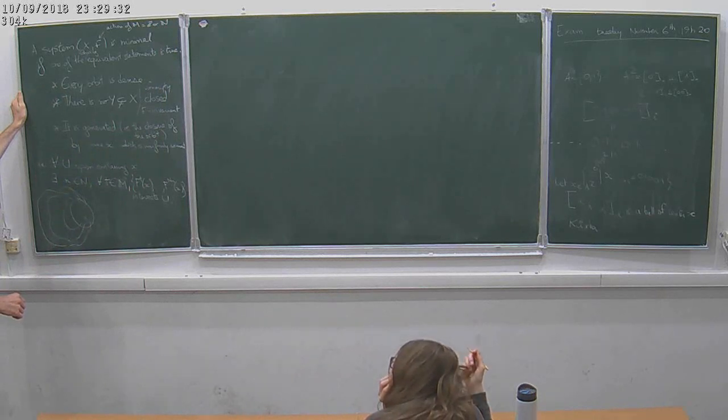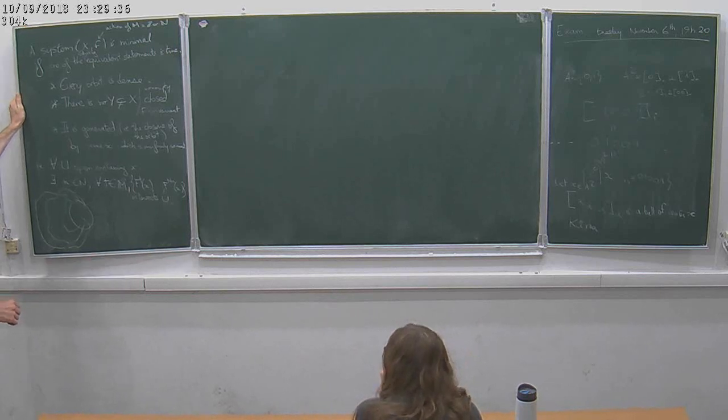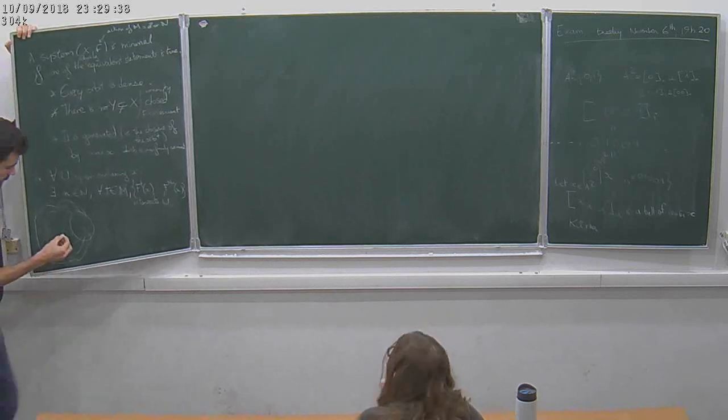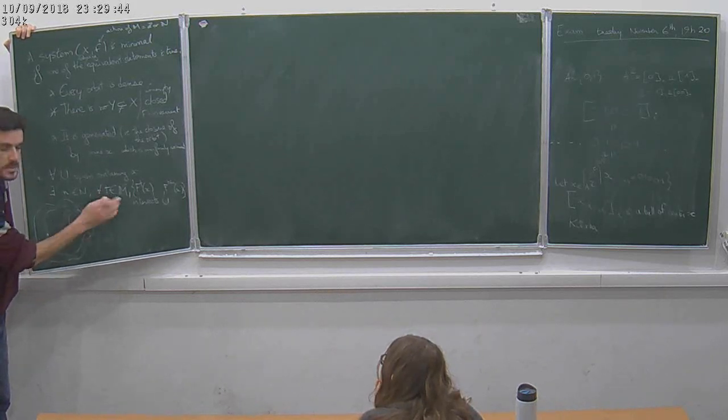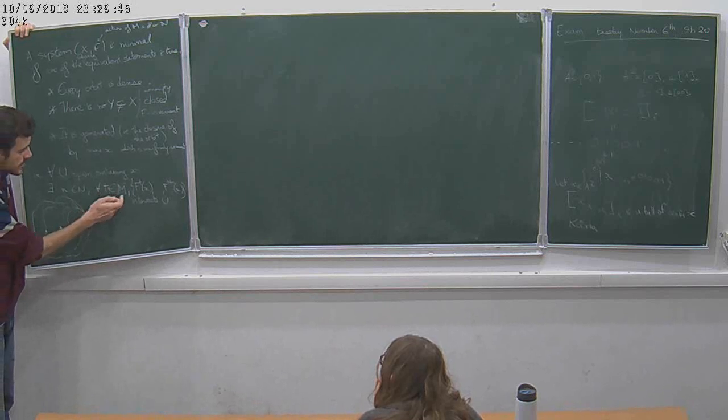How do we use compactness? For example, I take a point, which is very long. Let's say I am in Z.